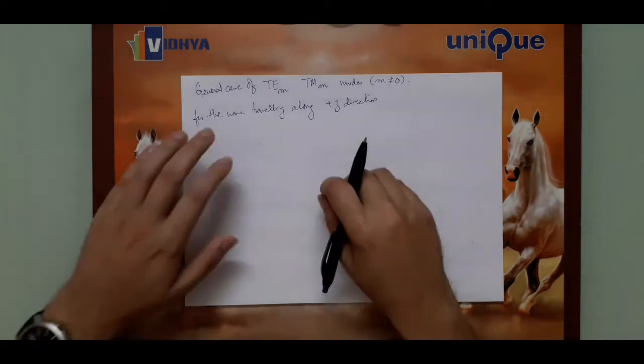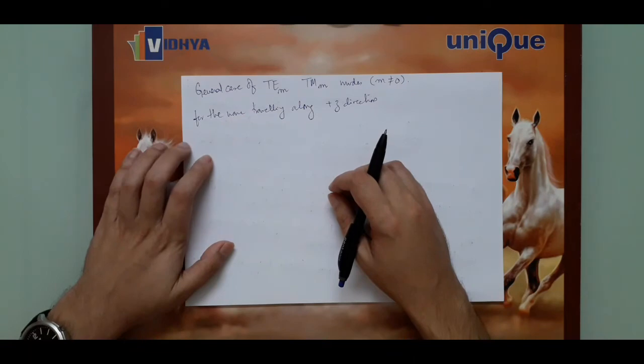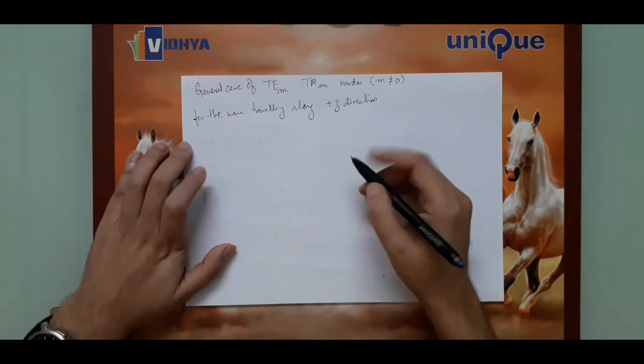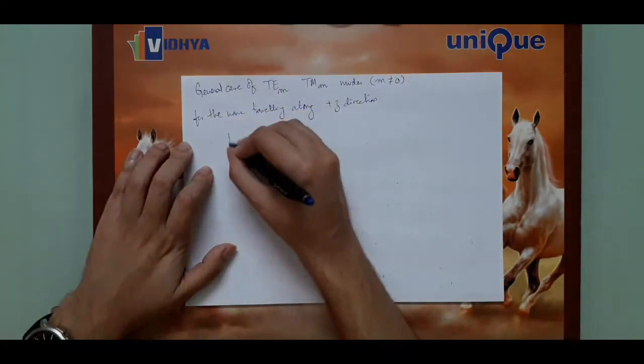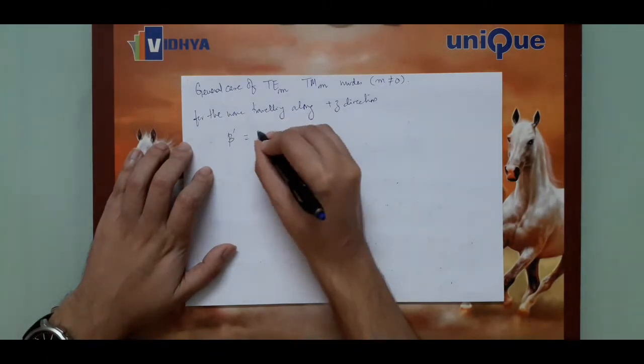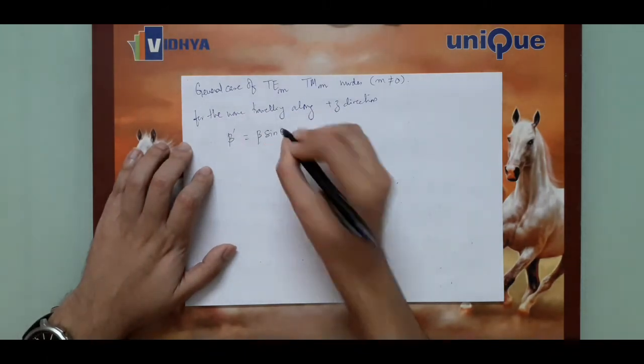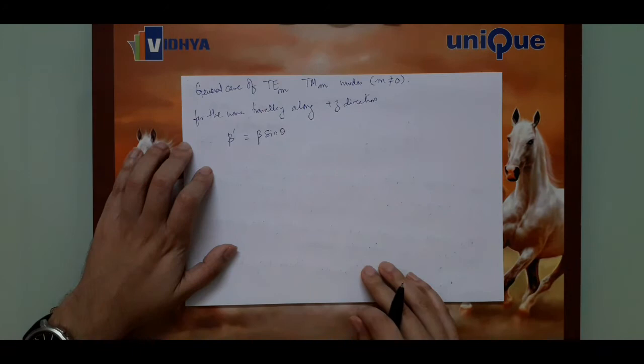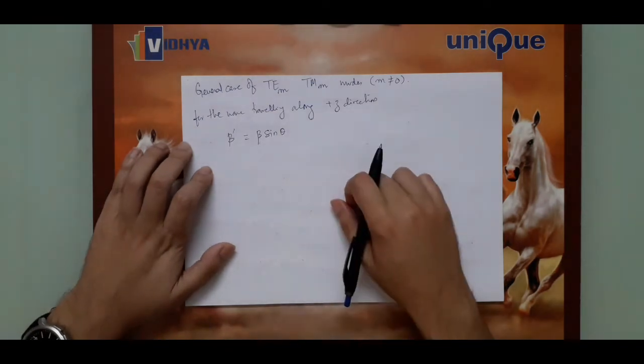So in that case, we had seen the phase constant is beta prime, which is beta times sine theta. This is what we had proved in the last class.